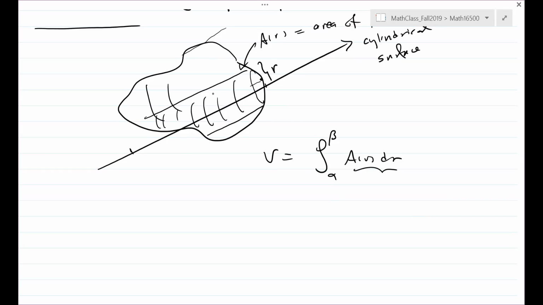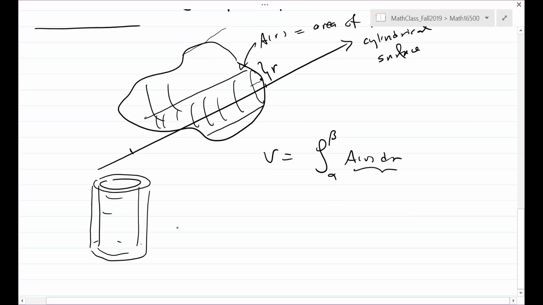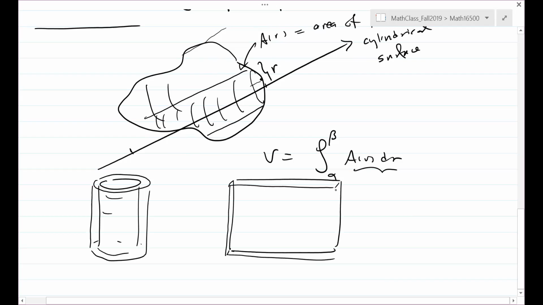That's the idea. When you open one slice, like that, and stretch it a little bit, if this is a dr, then the thickness here is also dr. The surface area here is A(r).